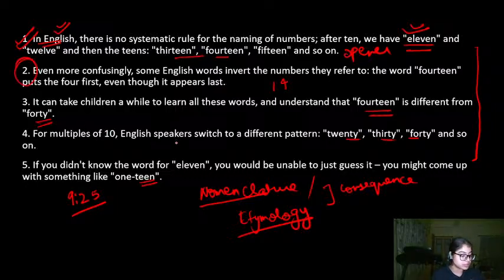Even more confusingly, some words invert the numbers they refer to. Oh, I'm so sorry, it is not two, it is three. I had misread the statement. It is only three that is talking about how it is hard to learn and retain a number and how it is hard to tell the difference between the two. So the answer for this should be statement three.